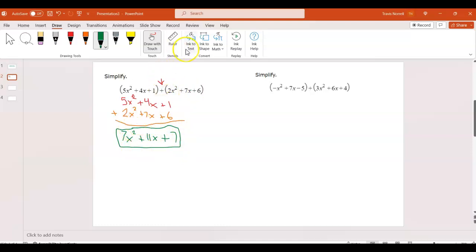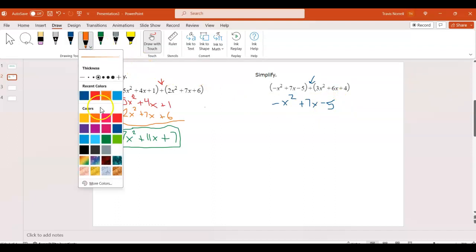Sorry, my dog is very needy. Change my colors up a little bit here. Again, I am adding these two values together. So I'm going to list them here. Negative x squared plus 7x minus 5 and make this one pink.